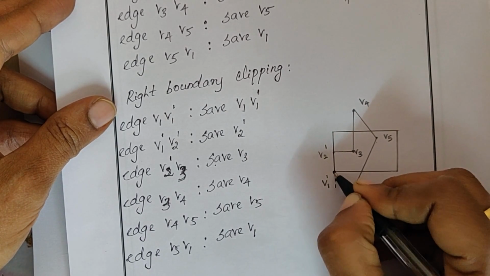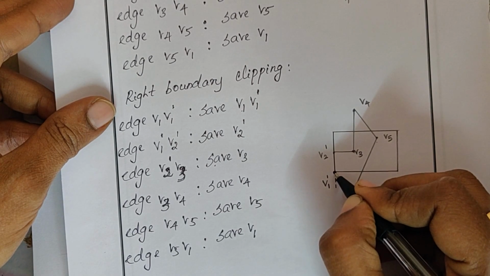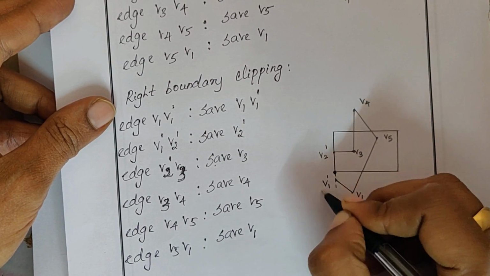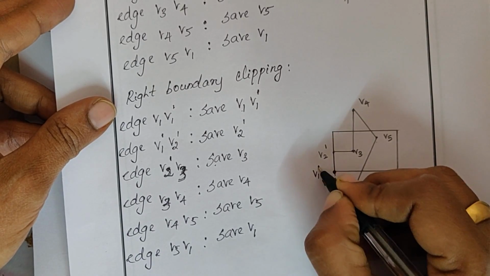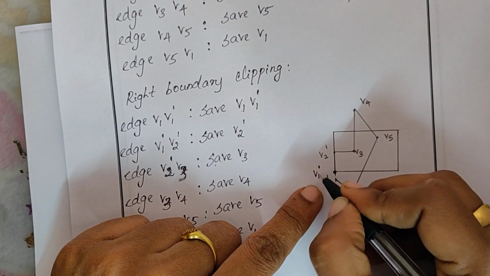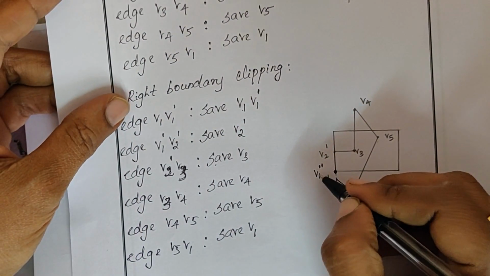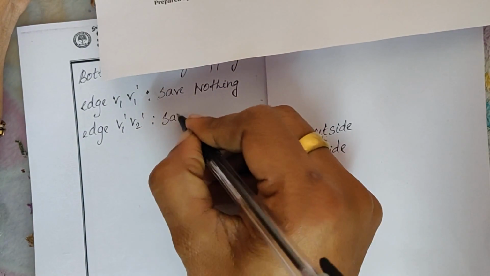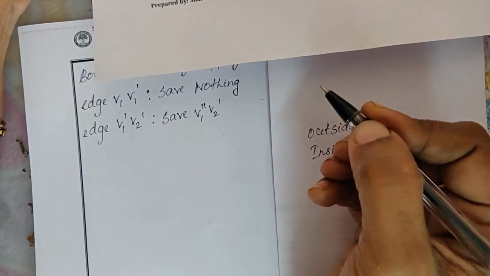Now I have to name this intersection point: starting vertex dash. My starting vertex is V1 dash, so the intersection point becomes V1 double dash. Now I have to save V1 double dash, V2 dash, right?